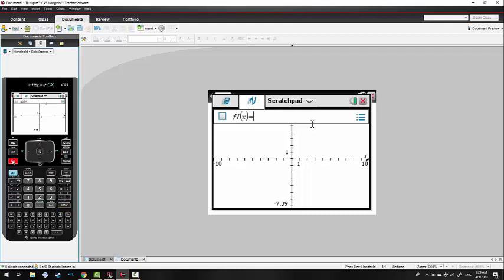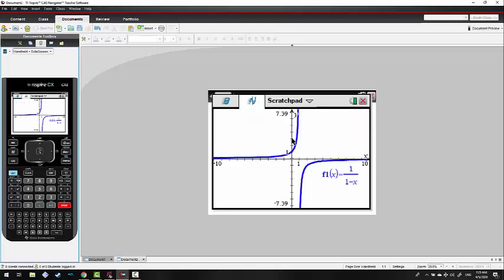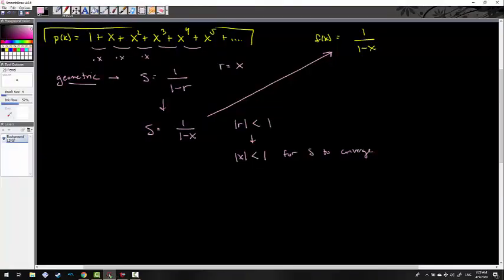I'm going to throw down the function 1 over 1 minus x. Pretty basic rational function. We've got this down. Now again, I want to draw your attention back. The absolute value of x has to be less than 1 in order for s to converge. In other words, x has to be in between -1 and 1 for s to converge.